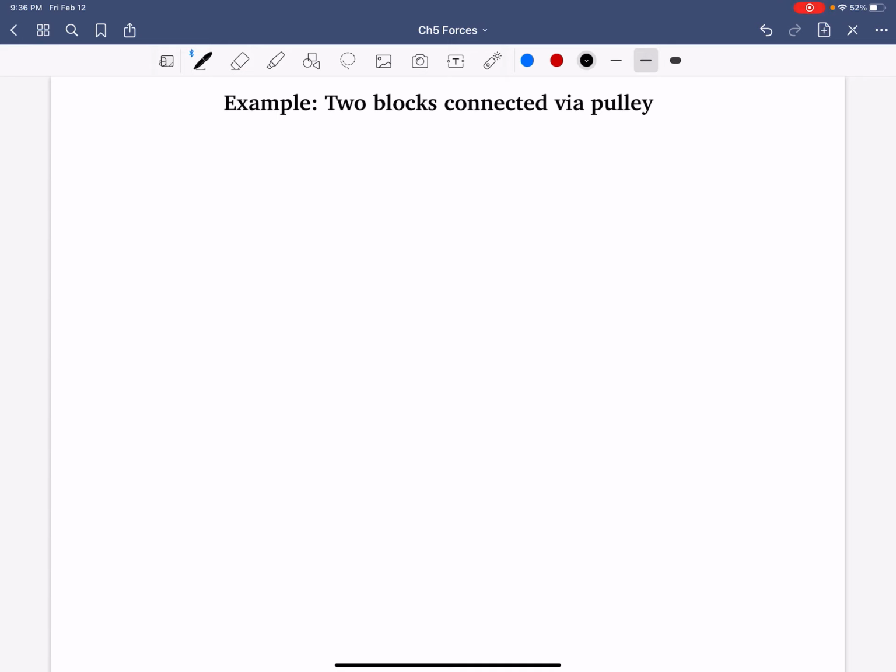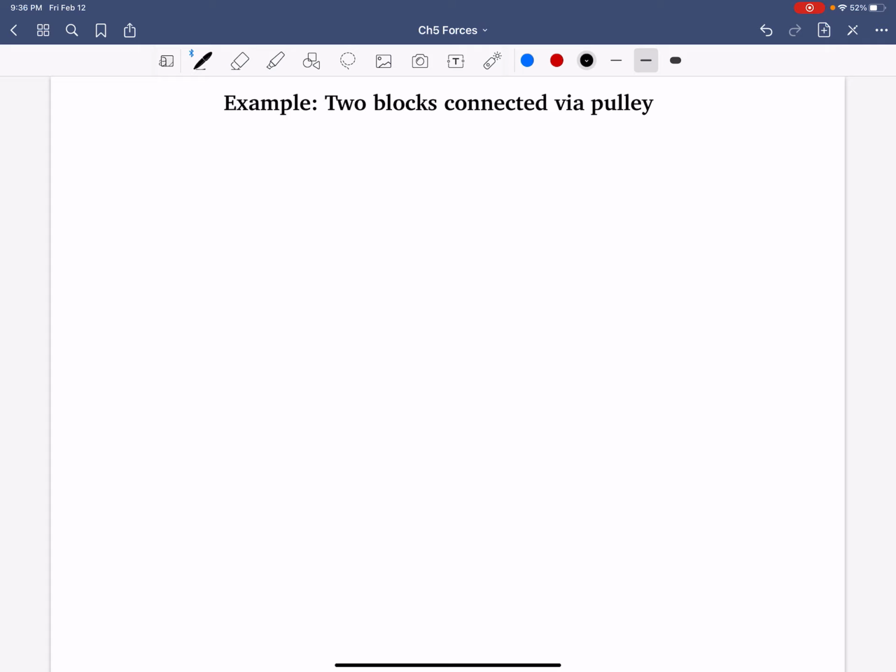This example will be kind of taking the previous two examples up a notch, or maybe even up two notches. We're going to work with two blocks connected via an ideal string, and that string is laid over a frictionless, massless ideal pulley.